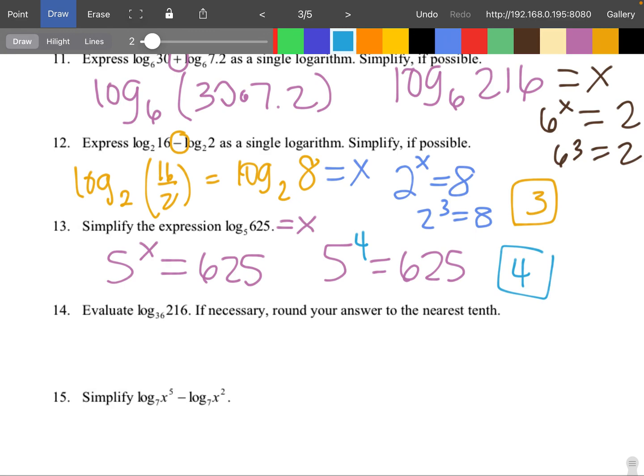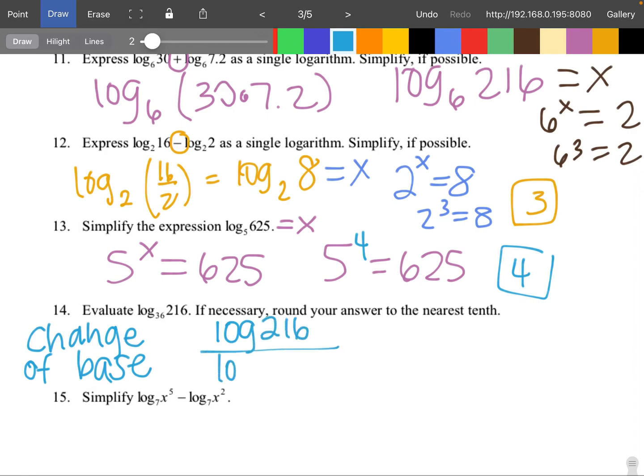For this next one, it says evaluate log base 36 of 216. Now, you can try to solve it like we did numbers 11, 12, or 13, or simplify it like that. However, there's not going to be a whole number power that when you raise 36 to it will give you 216. So this is where we're going to use the change of base in order to use our calculator. So instead of using base 36, I'm going to use the common log base 10 and divide. So it's going to be the common log of 216 divided by the common log of 36.